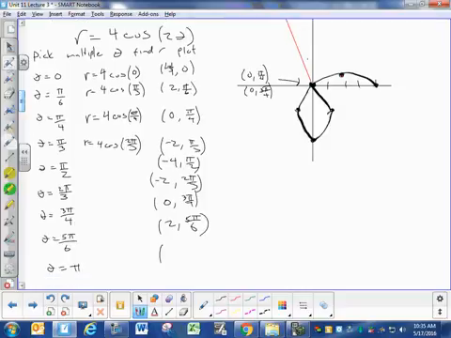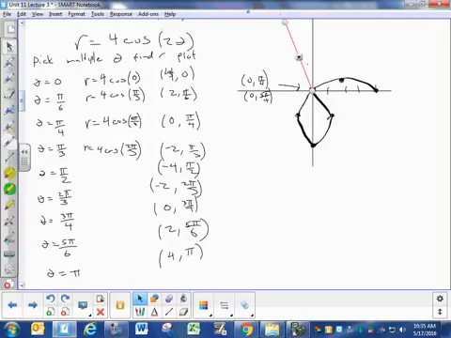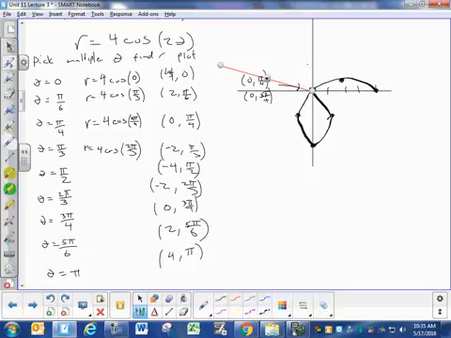The cosine of 2 pi is positive 1 times 4, gives me the point 4, pi. So I finish off with those 2 points. I go to the point 5 pi over 6, my angle, and then 2, that's right here, and then pi and 4. Here's pi and my radius of 4. All of a sudden I have this.